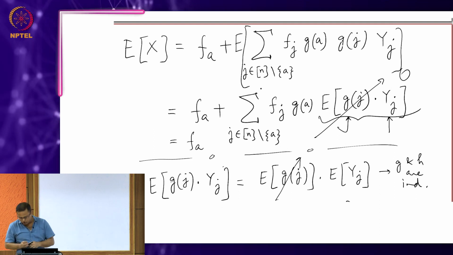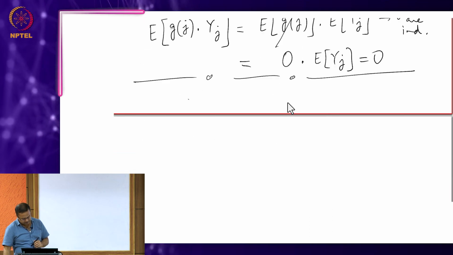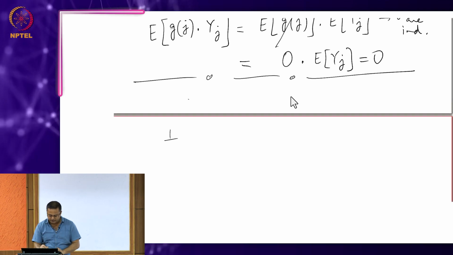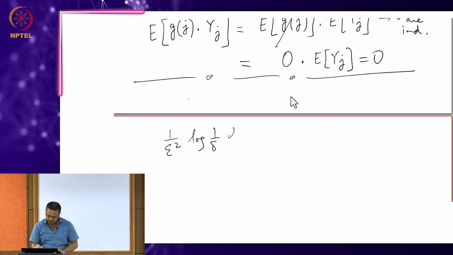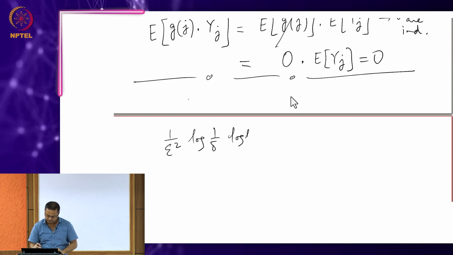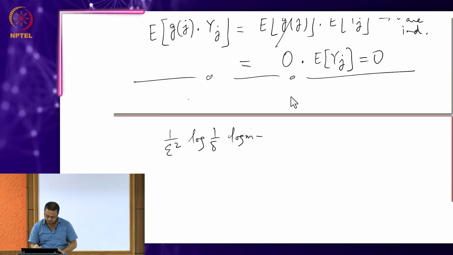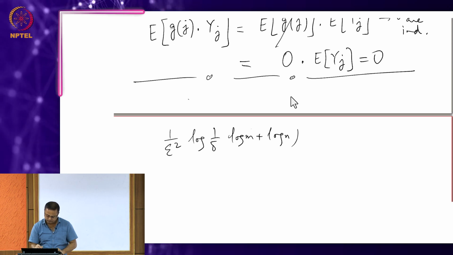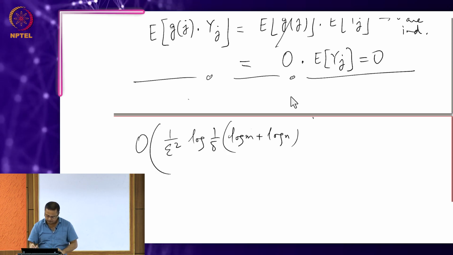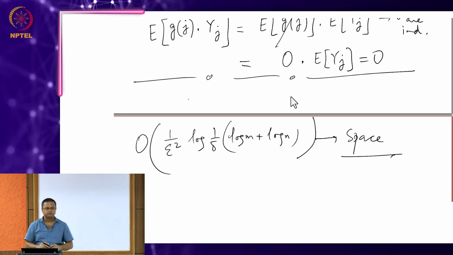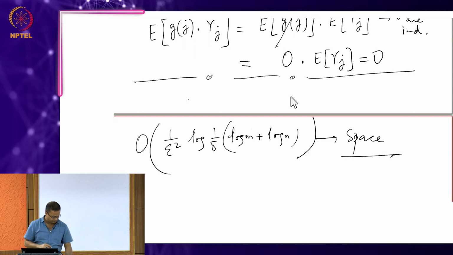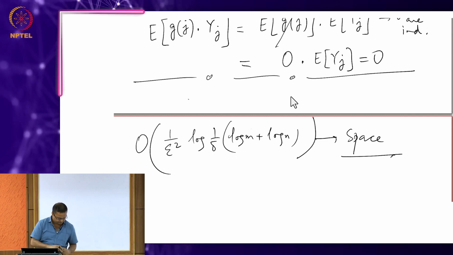And finally, one can show that the space requirement is 1 by epsilon square log of 1 by delta into log m plus log n. So, this is your final space, right.